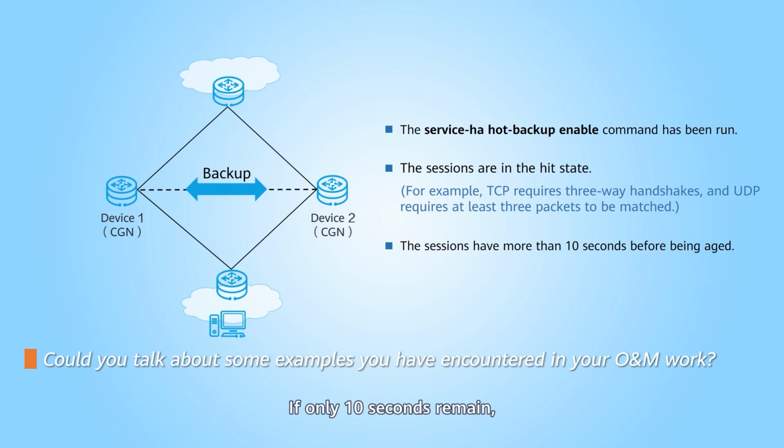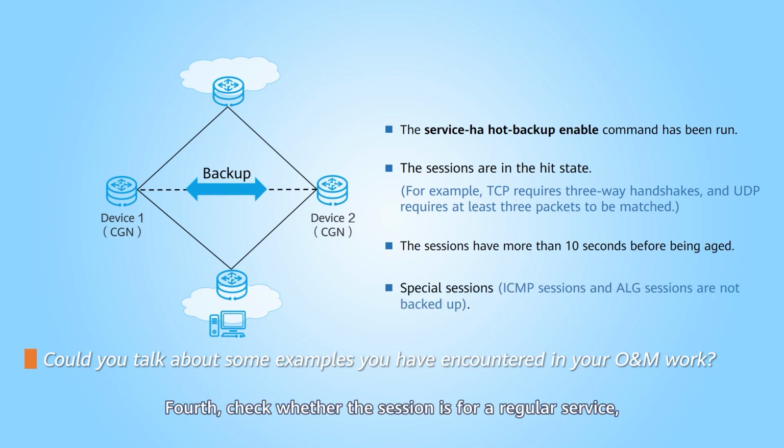If only 10 seconds remain, the session is not backed up as it was about to age. Fourth, check whether the session is for a regular service, as those not for regular services are not backed up. For example, sessions relating to ICMP ping packets are not backed up, as such packets do not belong to a regular service. Finally, check whether the session is an ALG session, as these are also not backed up.